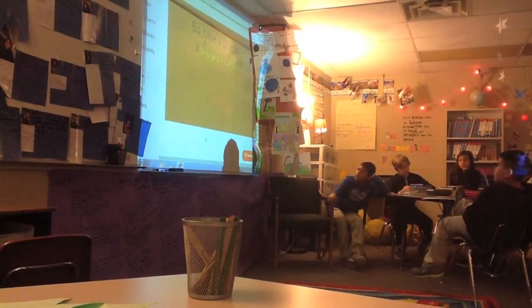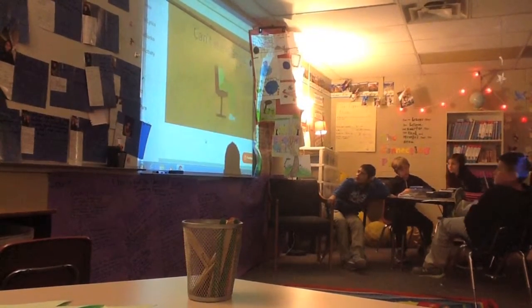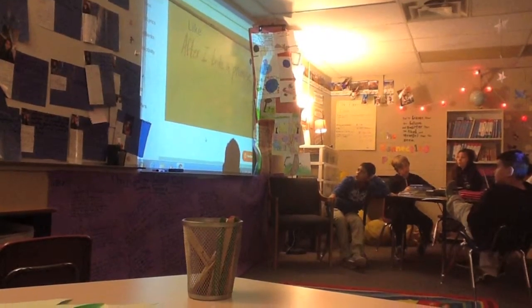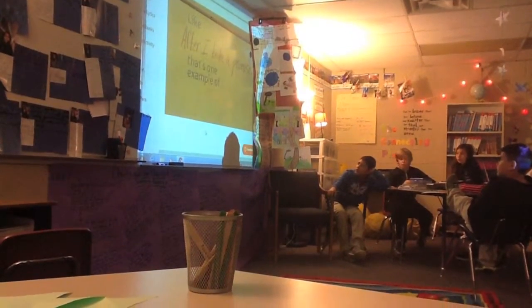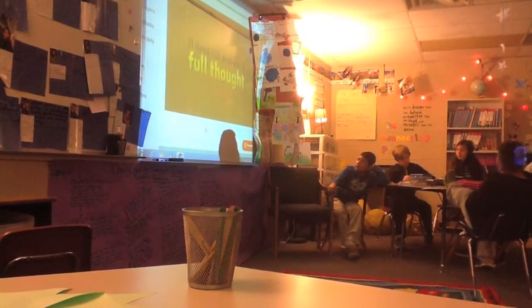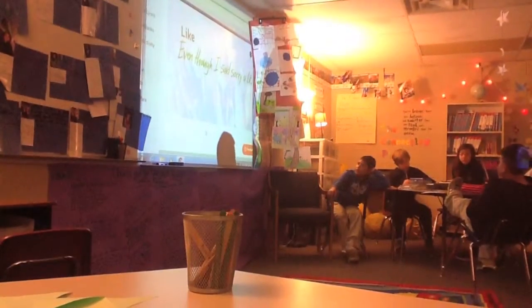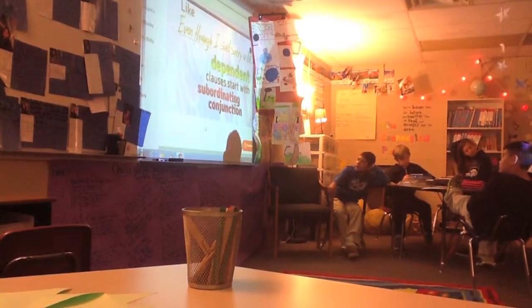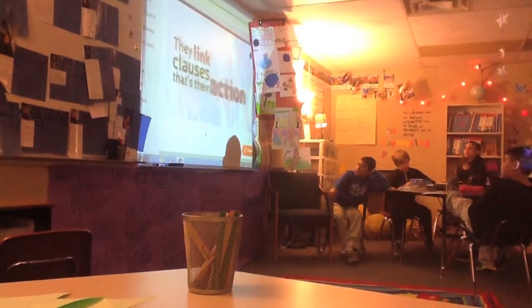Take a guess, a dependent clause can't stand as its own sentence at all. Like "after I broke a promise," that's one example of dependent clauses. It does not express a full thought. Like "even though I said sorry a lot." Dependent clauses start with the subordinating conjunction. They link clauses, that's their function.